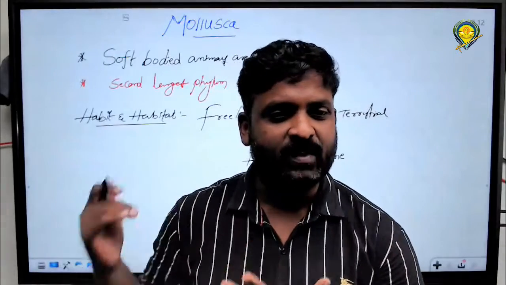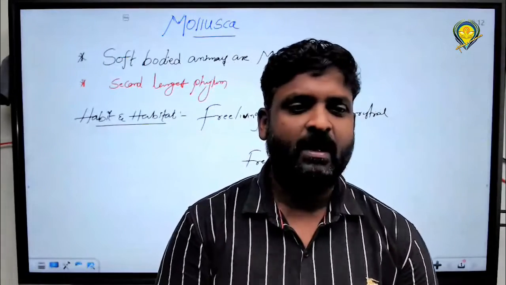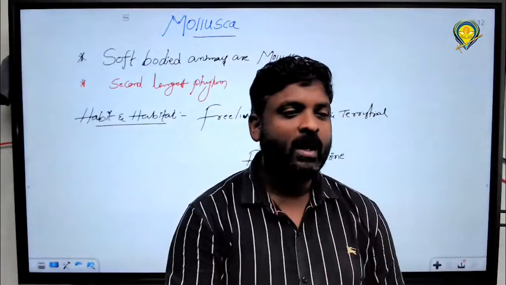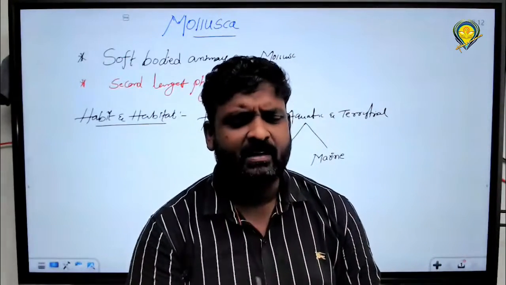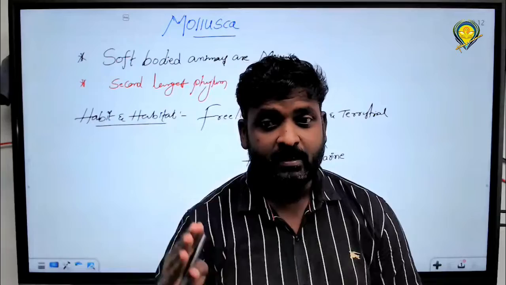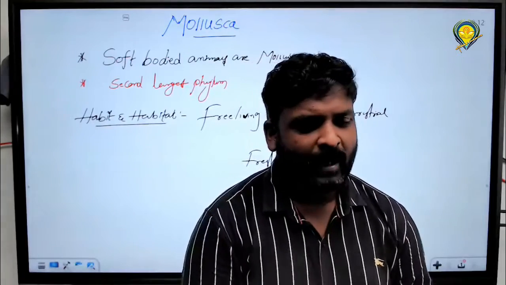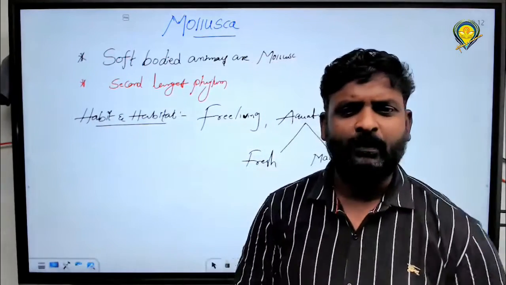Next, let us discuss the level of organization. Definitely organ system level. What kind of germ layers? Triploblastic. Segmented or unsegmented? Unsegmented.